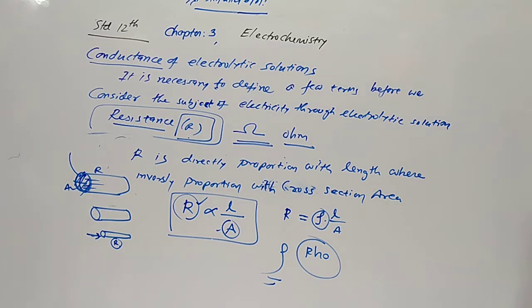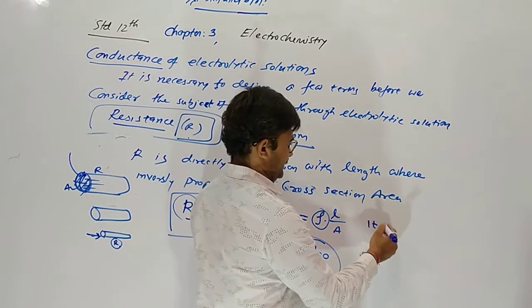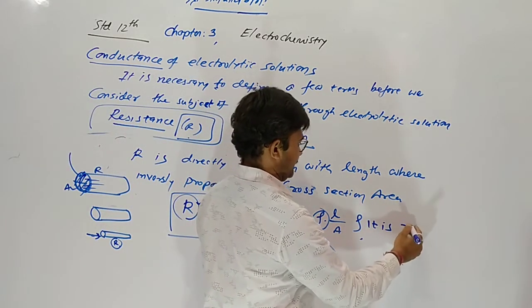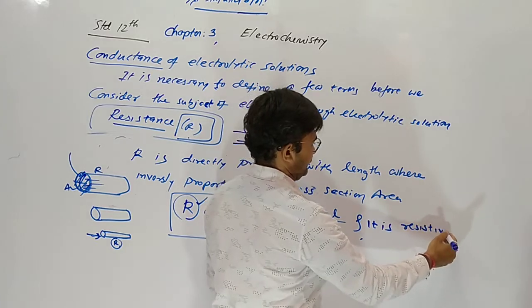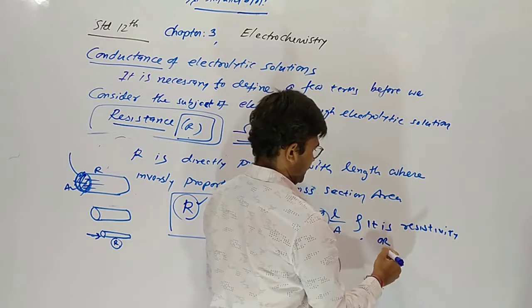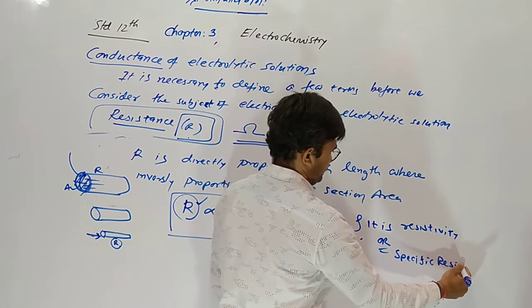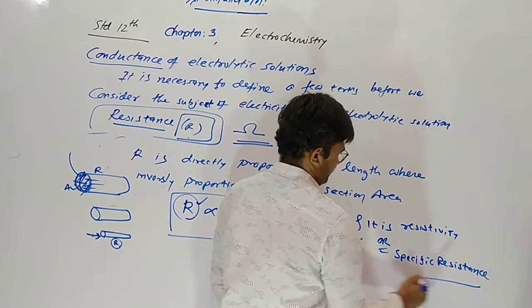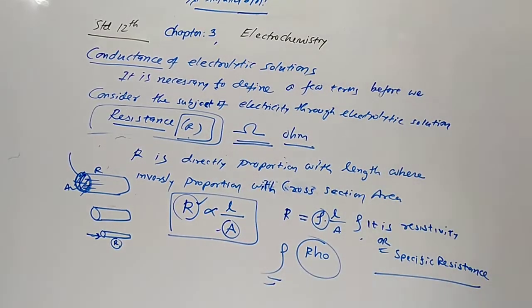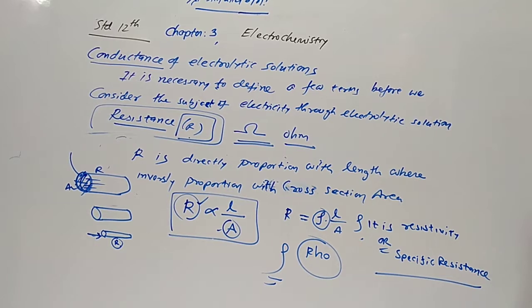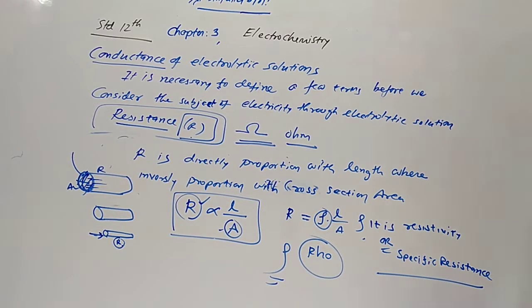Rho is called resistivity, otherwise specific resistance. R is only resistance, where rho is the specific resistance, otherwise resistivity.